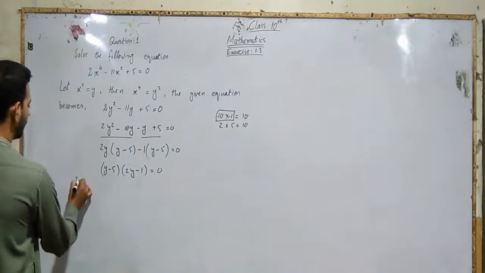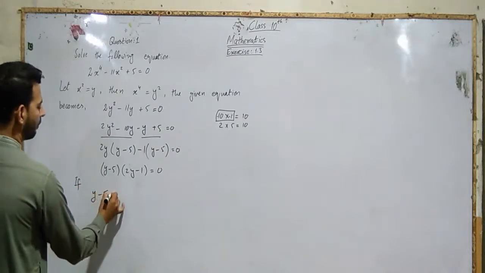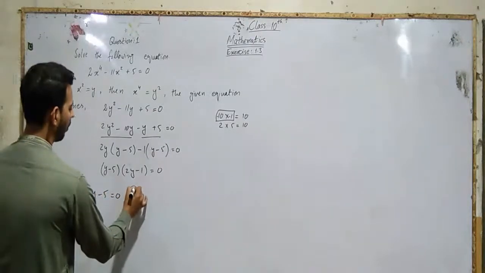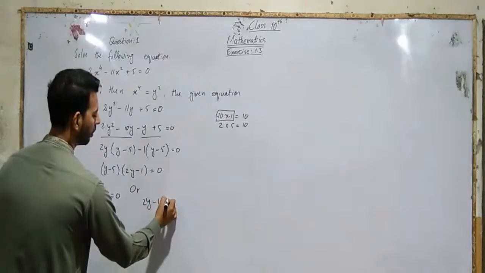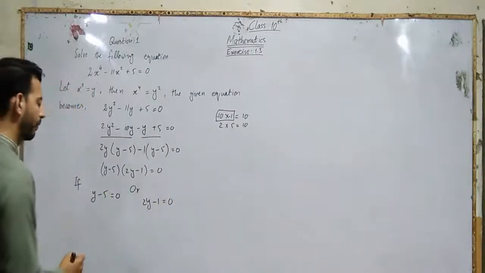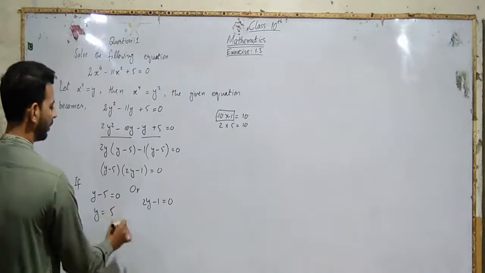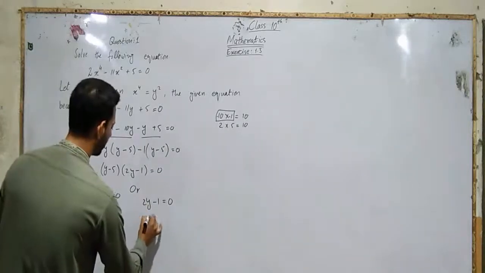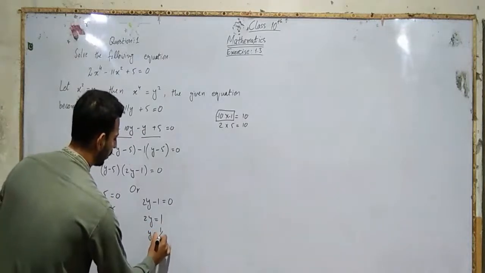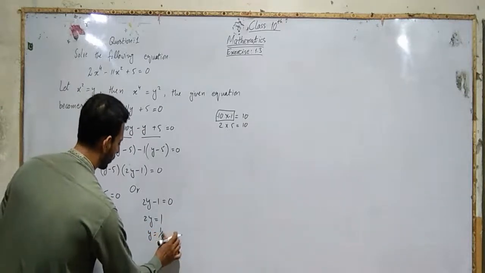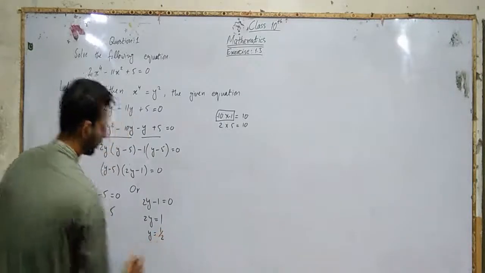So if y minus 5 equals 0 or 2y minus 1 equals 0, y equals 5 and 2y equals 1, and then y equals 1 over 2.